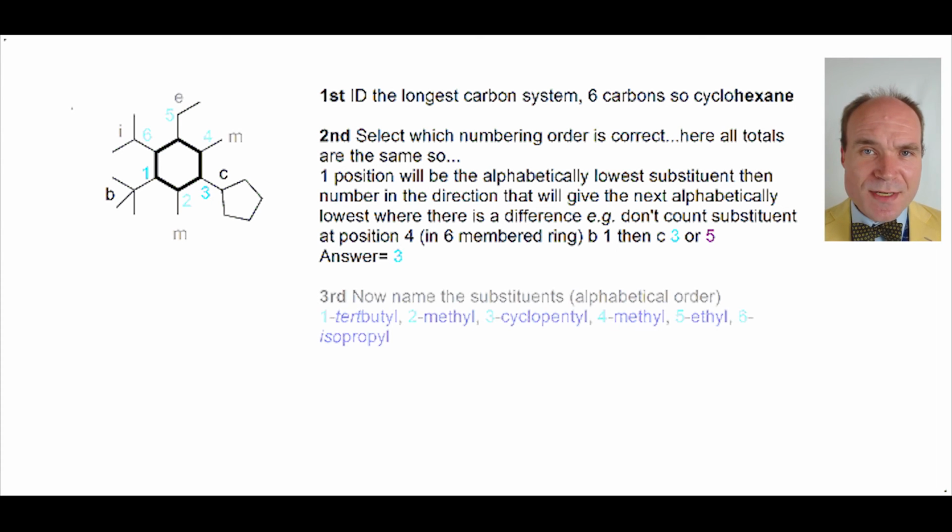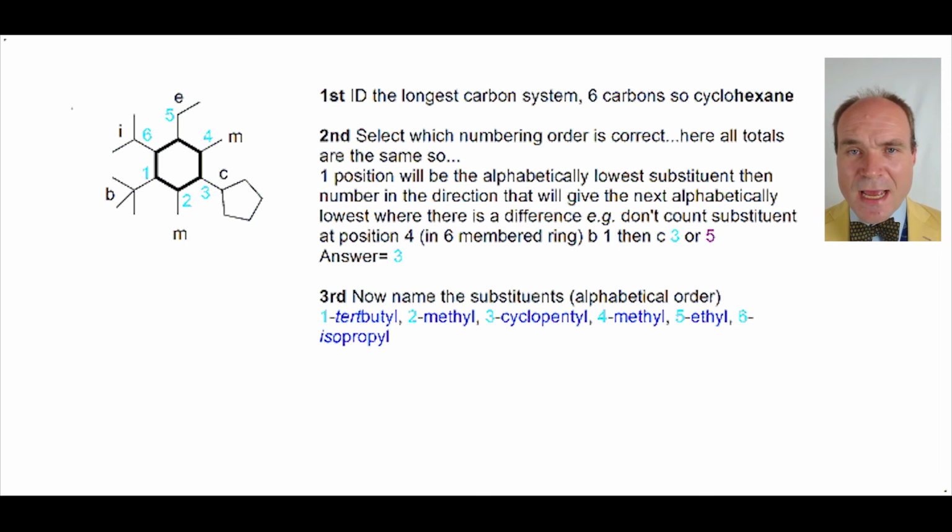We now move to naming the functional groups and placing them in alphabetical order. What we're looking at is tert-butyl at 1, methyl at 2, cyclopentyl at 3, methyl at 4, ethyl at 5, and finally isopropyl at 6.